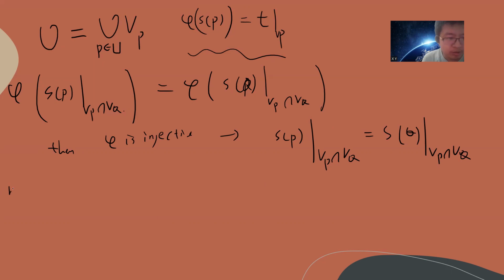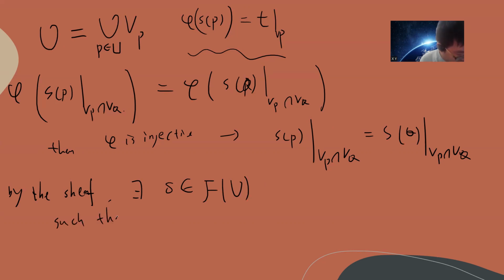So by the sheaf property, there is an S, a global section belonging to F(U), such that S restricted to V_P is just S_P.